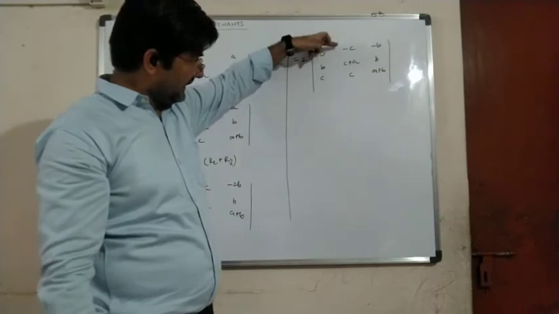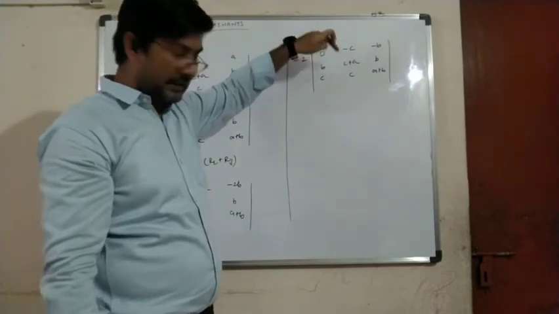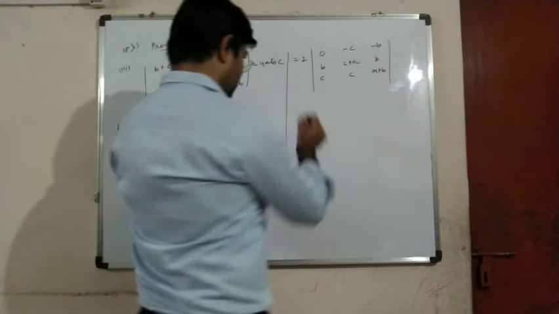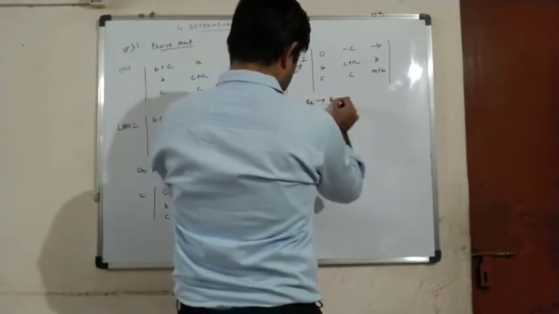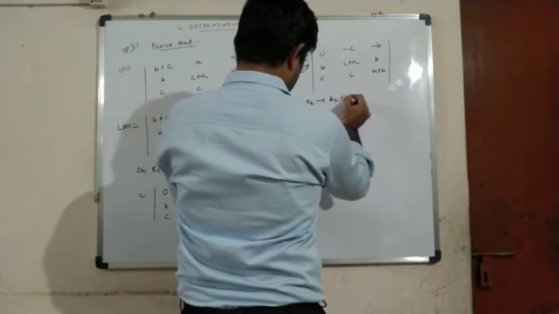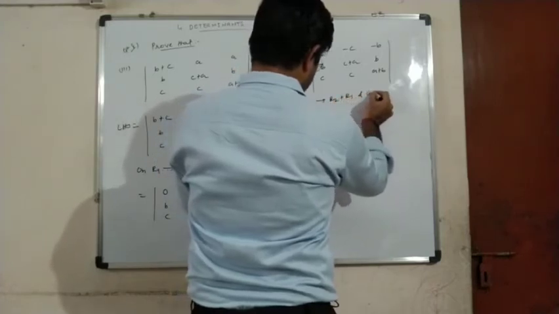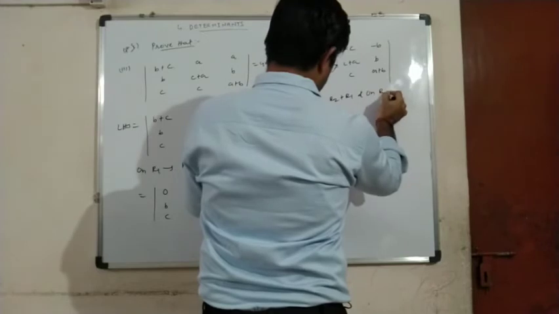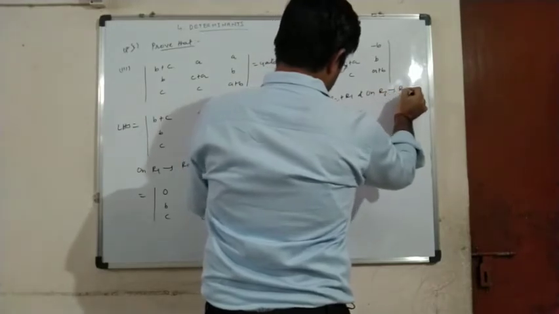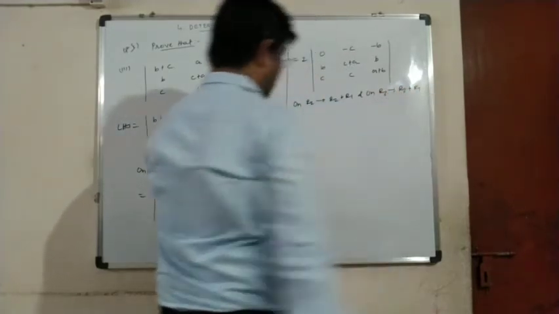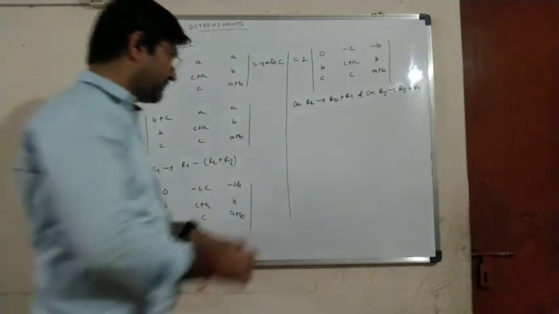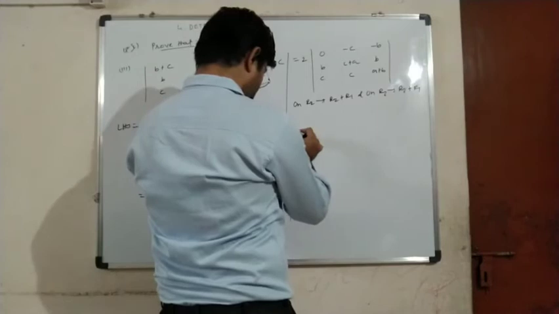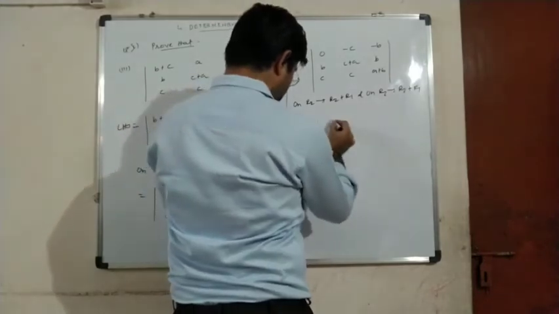So let us add the first row to the second and third rows. Yes or no? So on R2, R2 plus R1, and again on R3, R3 plus R1. So we first row we will write down as it is.